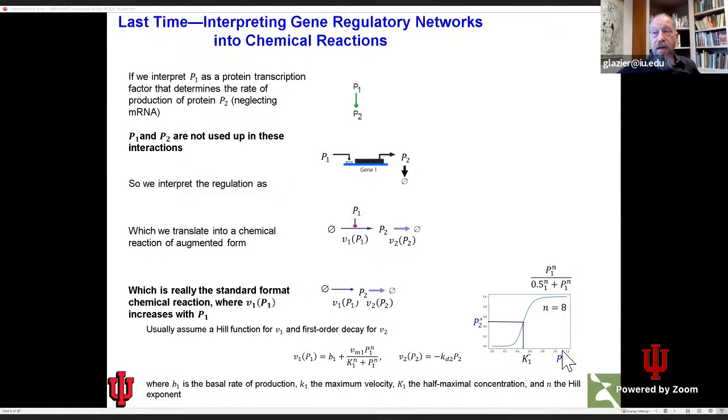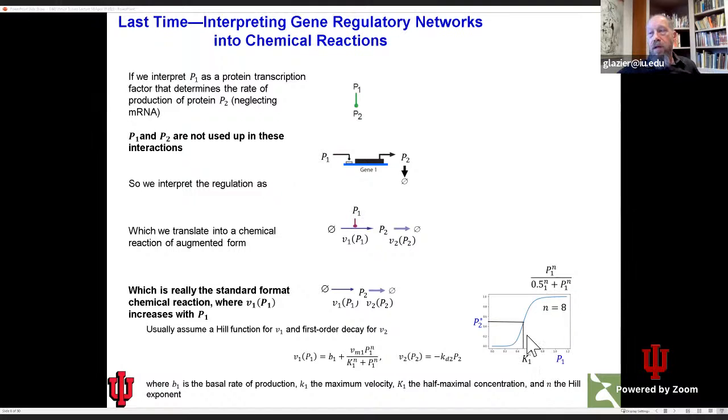And again, we have to have some idea about how rates go. Typically, regulatory rates are assumed to be Hill functions, that is sigmoids, where for small amounts of the promoter, the rate is low. For large amounts of the promoter, the rate is high. The rate saturates. There's a limit to how fast you can transcribe DNA. Can't go faster than that.